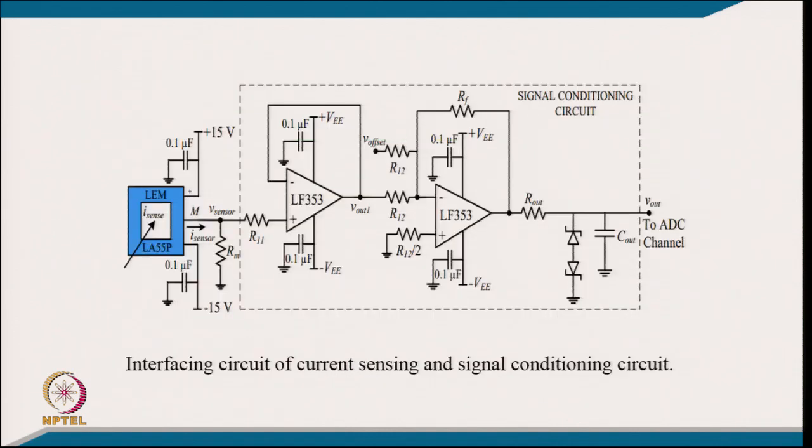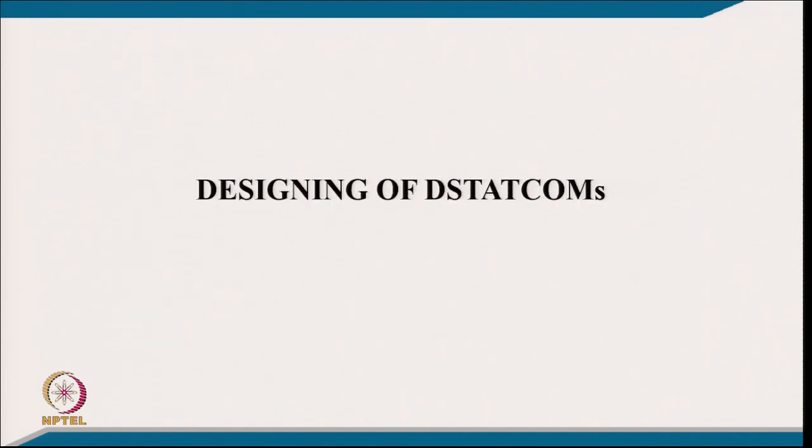Here also you have a LEM current sensor, and on the secondary side we get the voltage across this RM when the secondary current flows through it. This current signal is converted into a voltage signal, and now we have to scale it up so it can be given to the ADC, analog to digital channel, of whichever processor you are using, whether DSP or DSpace or any other processor. So, this is the sensor circuit.